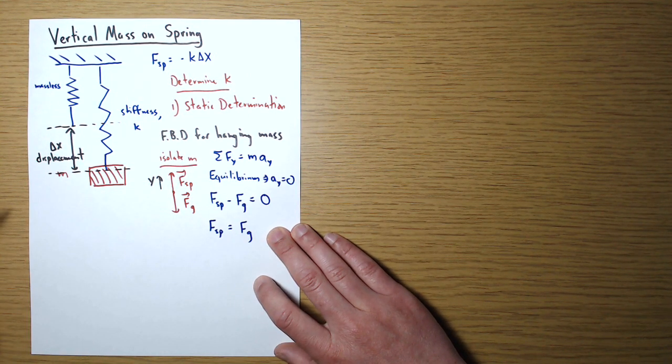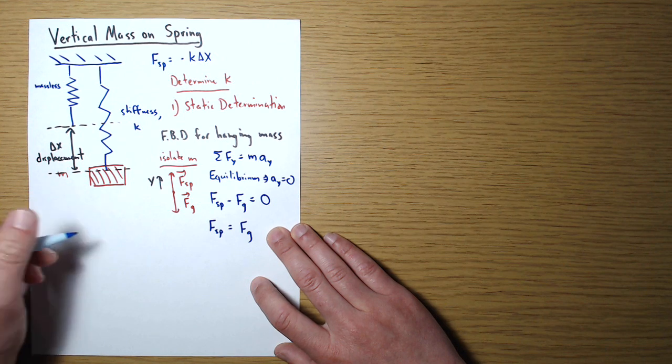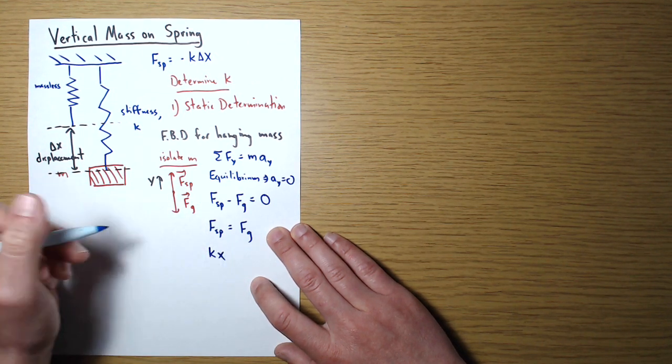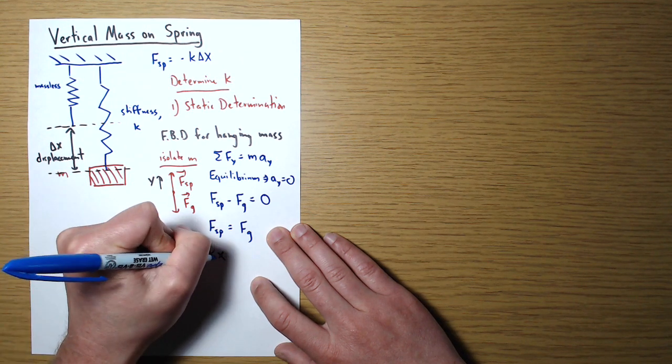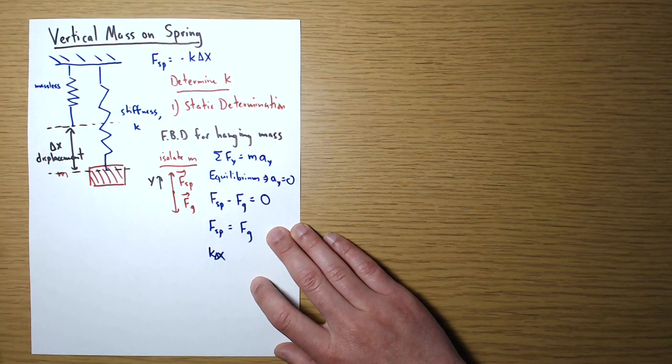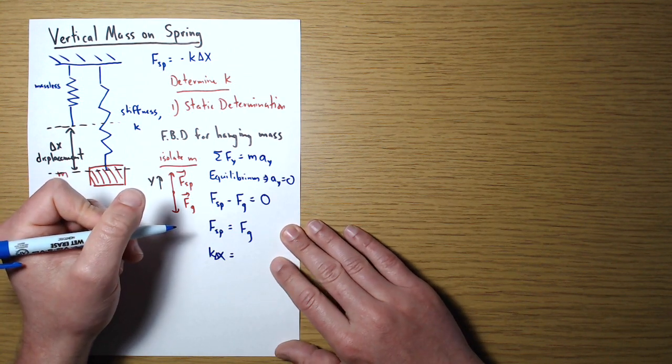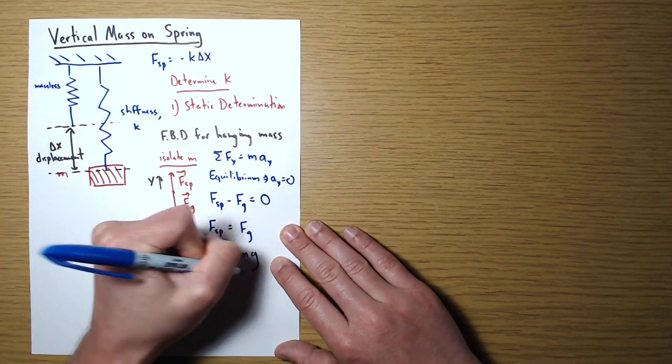Now the spring force, the magnitude of that force is just equal to k x, or k delta x. And the force of gravity, which is the weight of the hanging mass, is simply m times g.